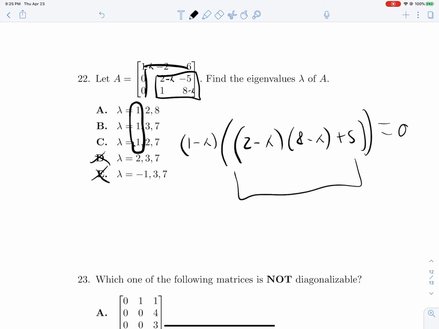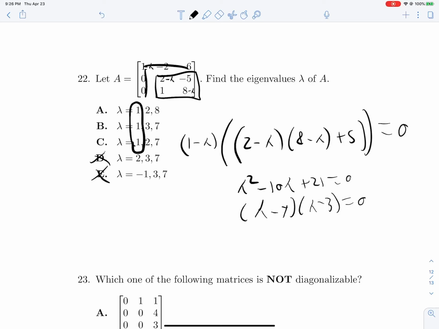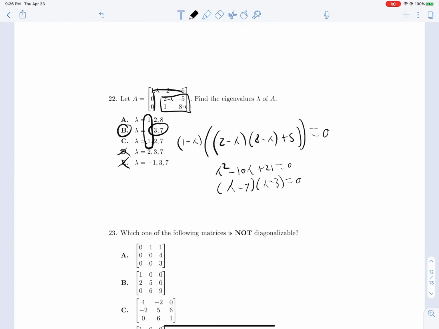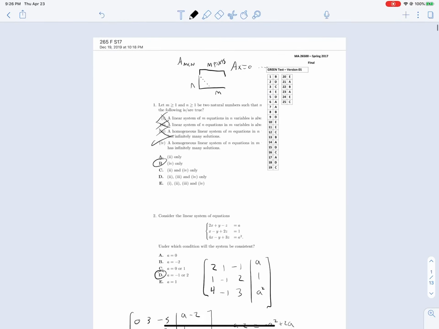We can just go in here and say that lambda squared minus 10 lambda plus 16 plus 5 is plus 21 is equal to 0. Lambda minus 7, lambda minus 3 is equal to 0. So lambda is equal to 3 and 7 are also solutions. So 22 is B.